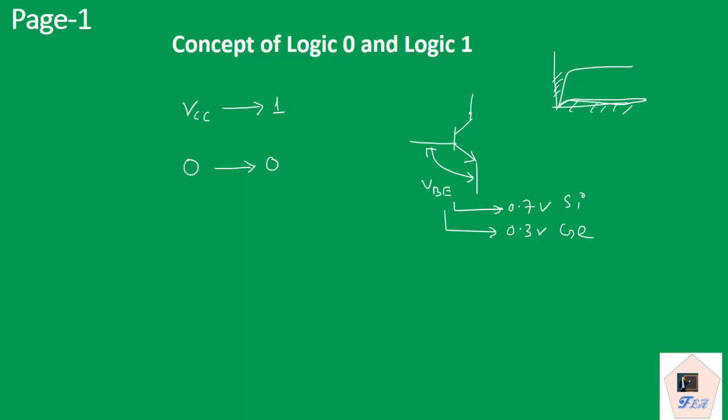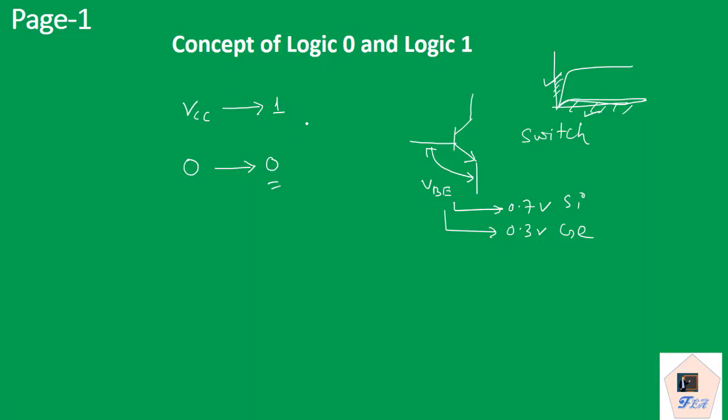So when a transistor is used as a switch, it is switching between the on state and off state, saturation and cutoff region. When the transistor is in the cutoff region, we equate it to 0, and whenever it is above the cutoff region, we equate it to 1. So that is the basic concept of logic 0 and logic 1.